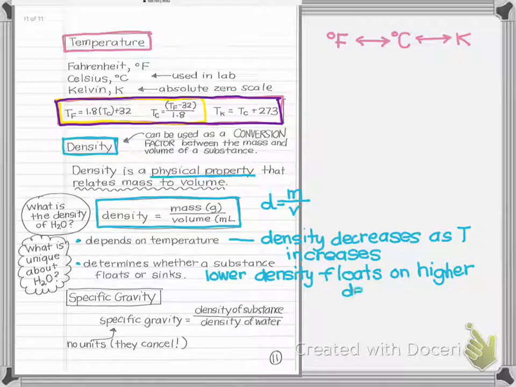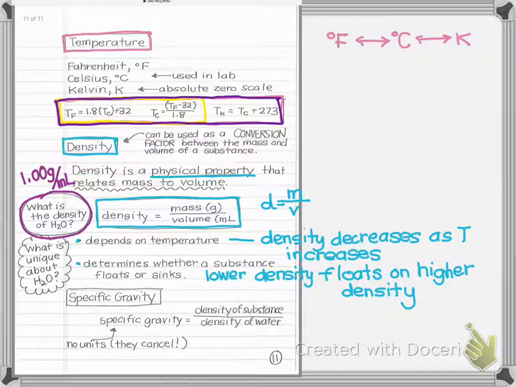If you think about oil and water, oil floats on water, which tells me without knowing any numbers that oil has a lower density than water. Now, water is just such an interesting substance, and we end up knowing a lot about water, including the density of water. The density of water to three significant figures is 1 gram per milliliter.